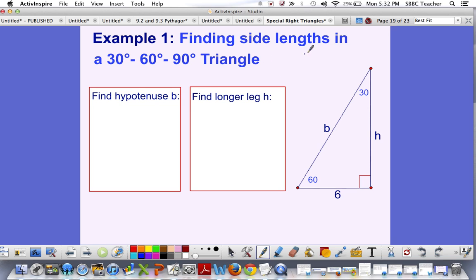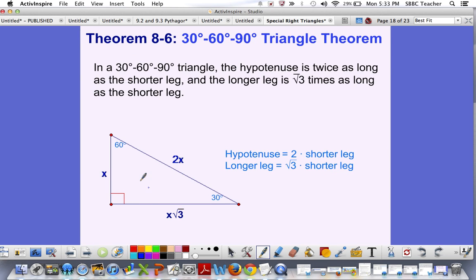Okay, so let's find side lengths in this 30, 60, 90 triangle. If the shorter leg is 6, which also happens to be x, what would be the height? That's right. If we look back at the previous slide, we can see that the longer leg is the same as the shorter leg times radical 3.